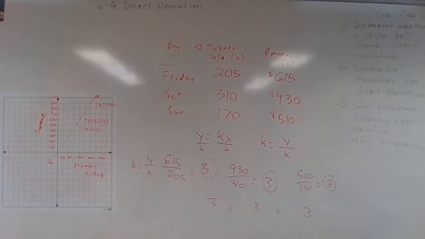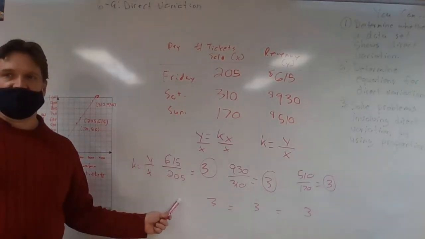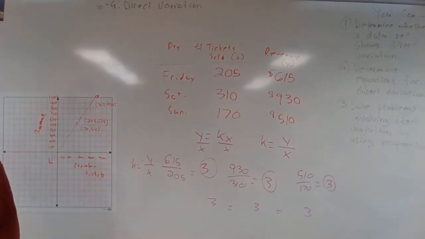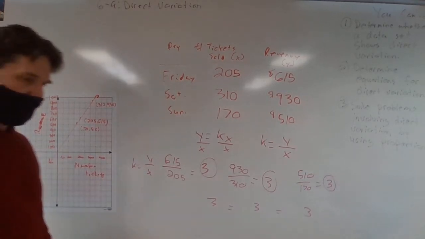They all have the same slope. They all have the same constant variation. Therefore, this line does indeed have direct variation. Passes through point 0, 0. Not too hard, right?